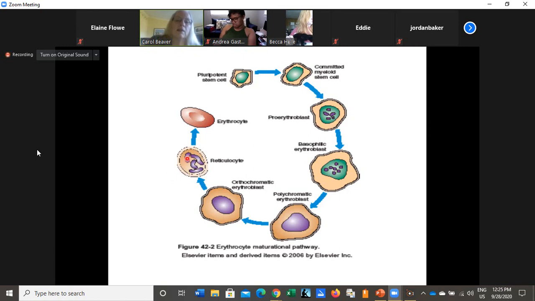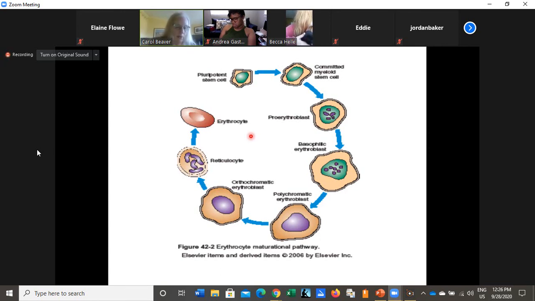And again, like I said, about 2 days later, it does mature into an erythrocyte that's totally functional. But for those first 2 days, it's not. But we usually have the bone marrow produce and release into the bloodstream the majority, which is a mature red blood cell.